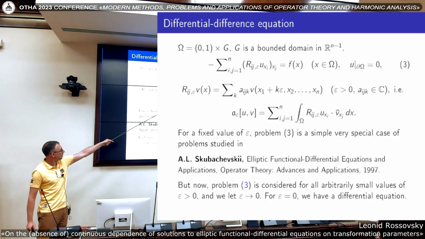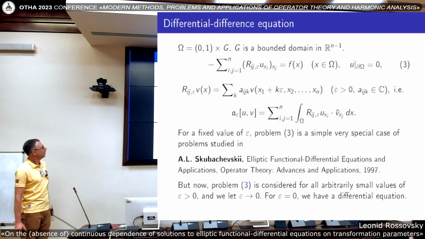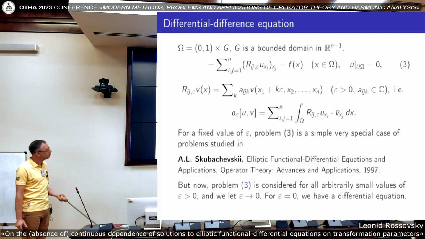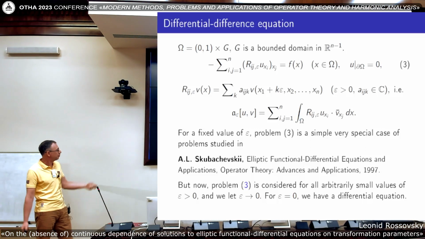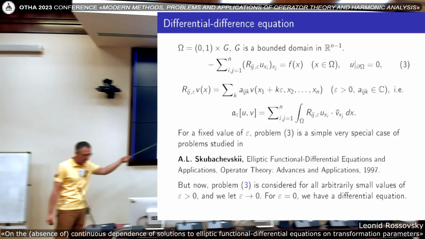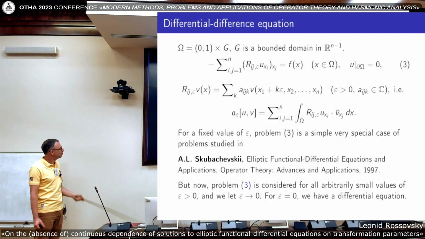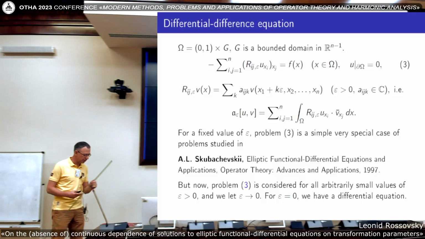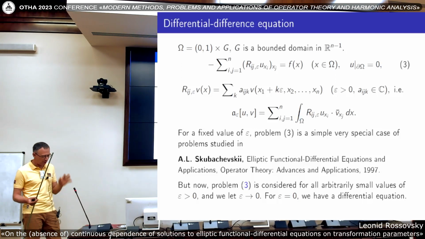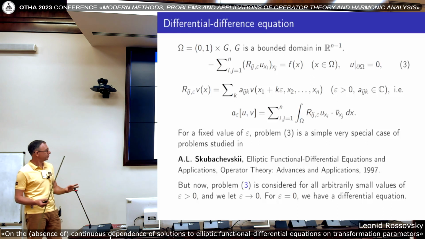And here are our sesquilinear form. And for a fixed value of epsilon, problem 3 is a very simple, very special case of the problem studied by Skubachevsky. And the majority of results depend on the behavior of some matrices or some matrix polynomials.